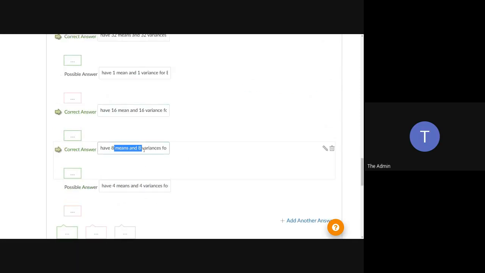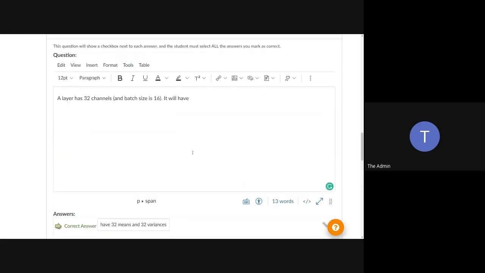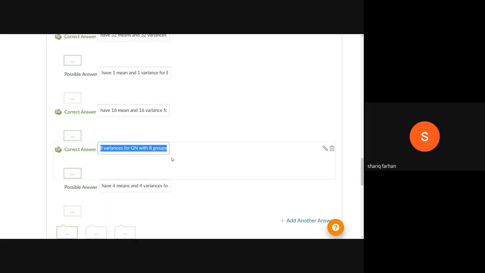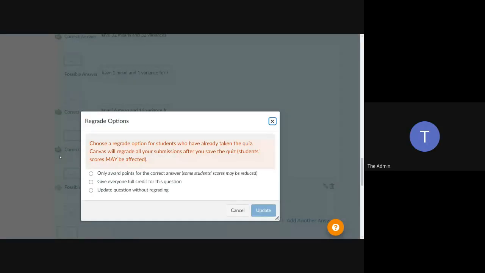Now 8 means and 8 variances for group normalization with 8 groups. Yes, I think so. Wouldn't it be 4 and 4? 4 means and 4 variances, because you have four channels, yes, you have to divide. This is the correct answer.